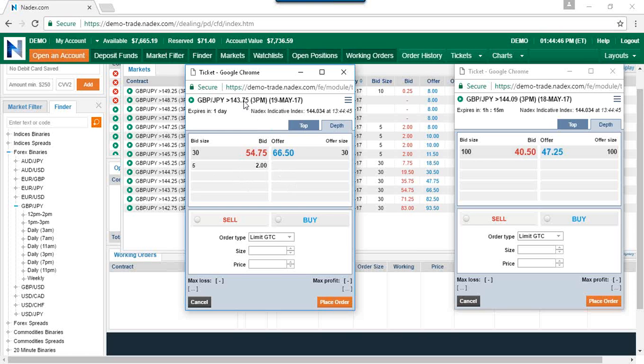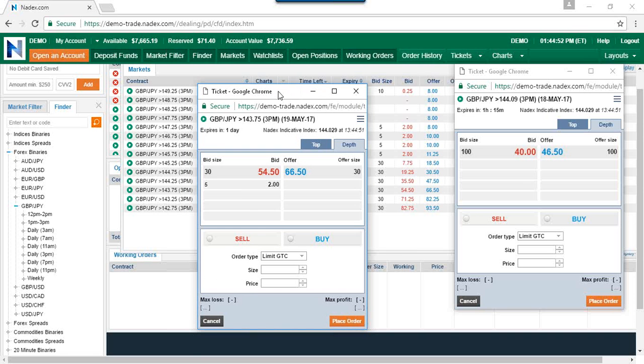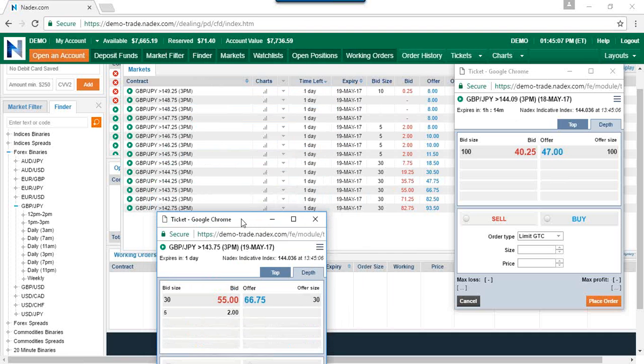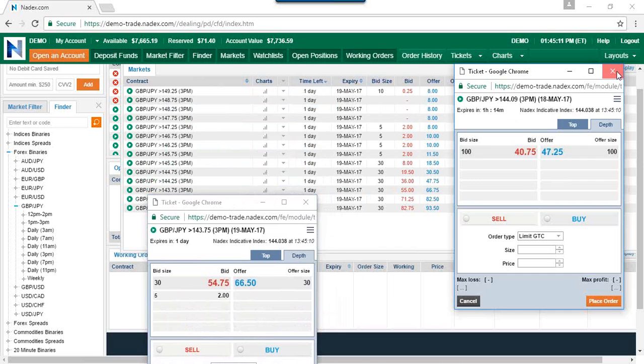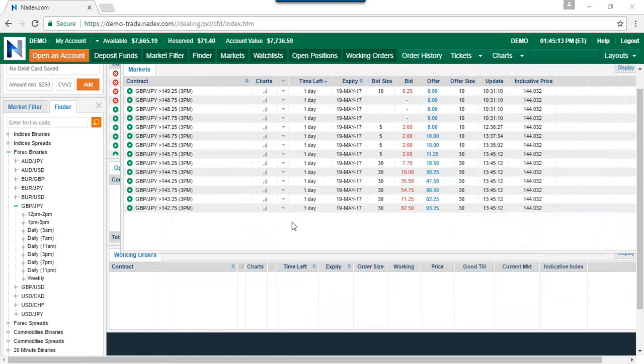I mean, let me ask you a question here. We saw the market move a little bit. And let's see here, 144.04. Let's see here, 3 p.m. Okay, question. This binary contract right here.